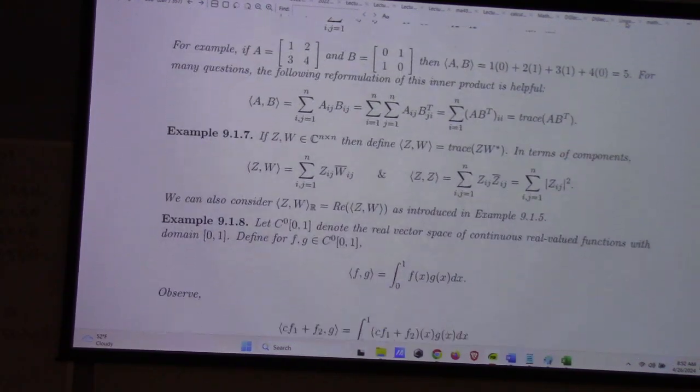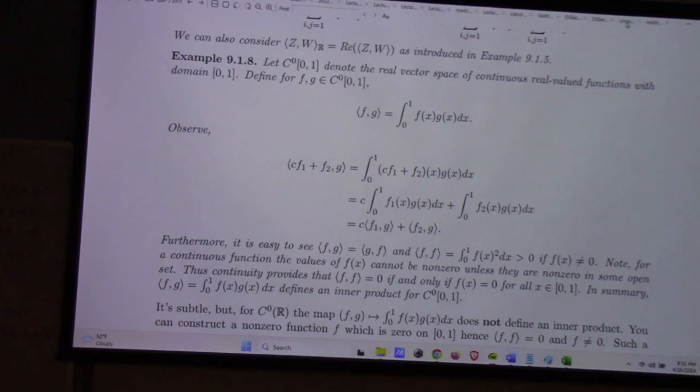Here I was. All right, so here is something weird and new. You can have the set C[0,1], that's notation for continuous functions on the closed interval from 0 to 1, right? So continuous functions you can integrate, and their integral is bounded, it's finite, so that makes sense to integrate from 0 to 1.